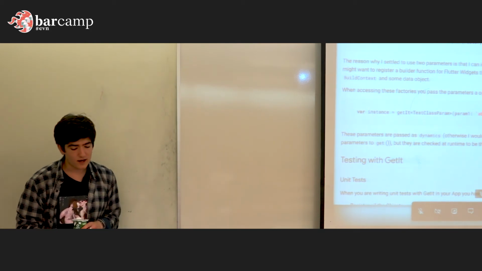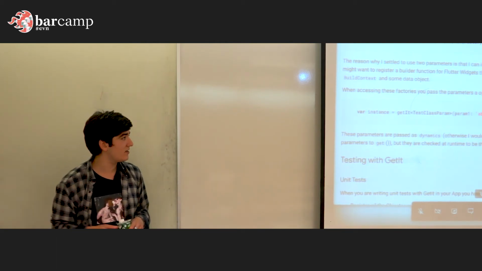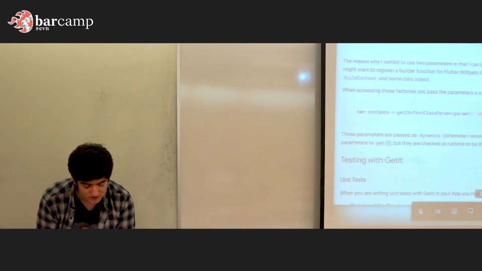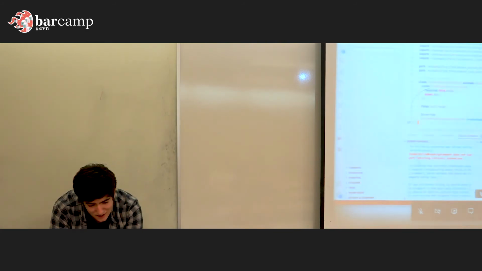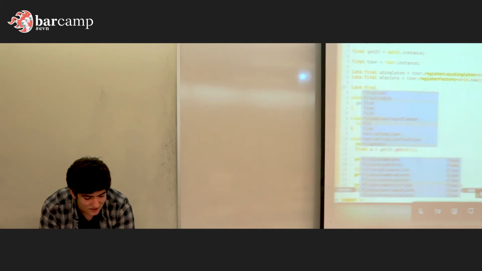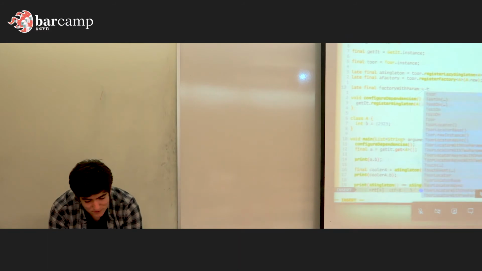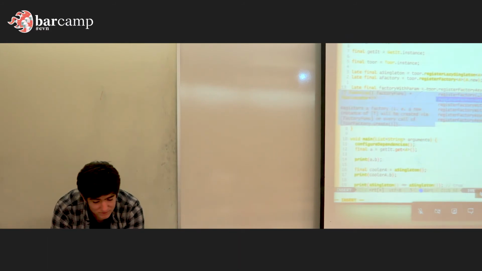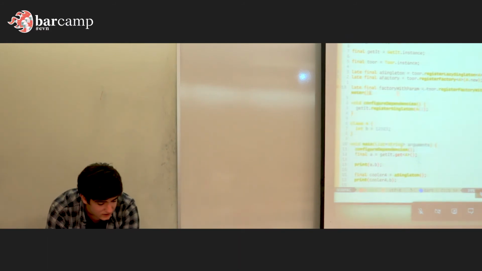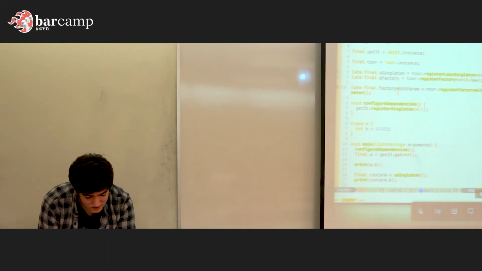What Tur lets you do is, since recently, I implemented it yesterday or something, you can have factories with parameters. Let's try that, factory with param. You can do Tur register factory with one parameter or two parameters, because you don't need more than that.